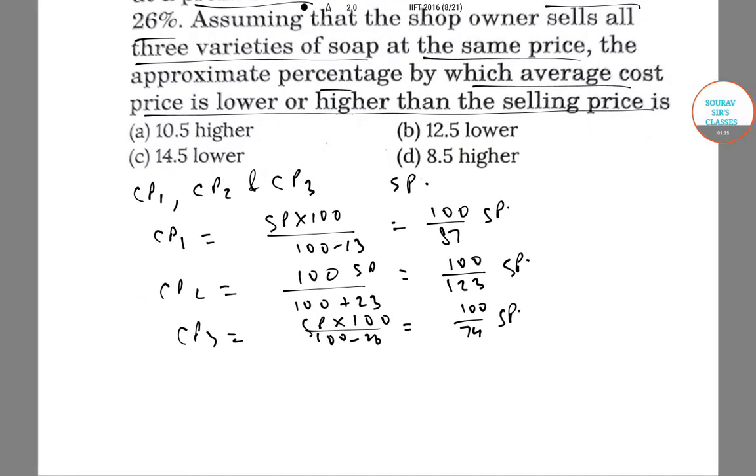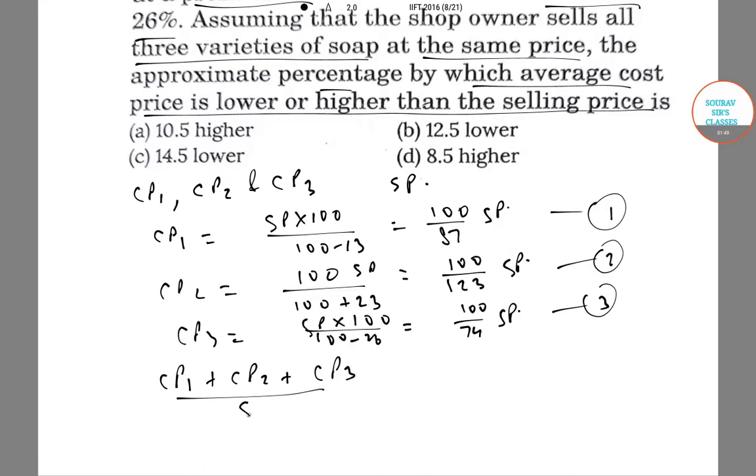Then on adding these 3 equations 1, 2 and 3, we get (CP1 plus CP2 plus CP3) by SP is equal to 100 by 87 plus 100 by 123 plus 100 by 74.